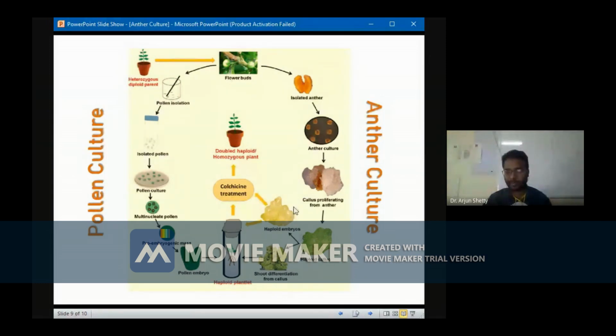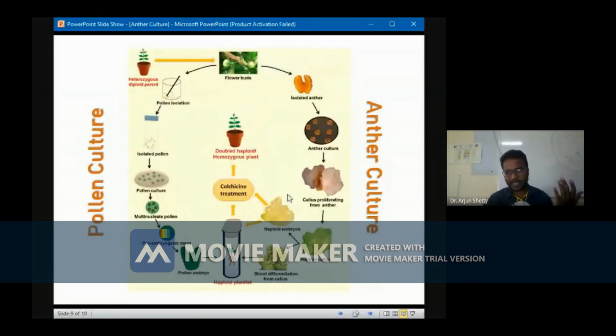embryos. By treating these embryos with colchicine, we can go for production of a diploid plant, instead of producing a haploid plant. As I already told you, colchicine is the chief agent that enables chromosomal aberration in such a way that we see exactly double the chromosome number.